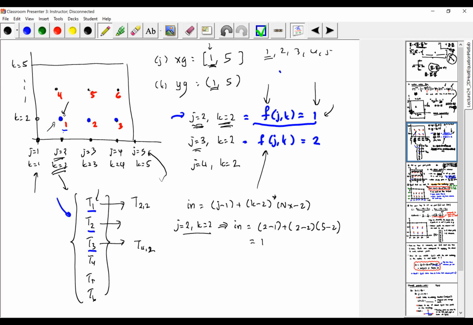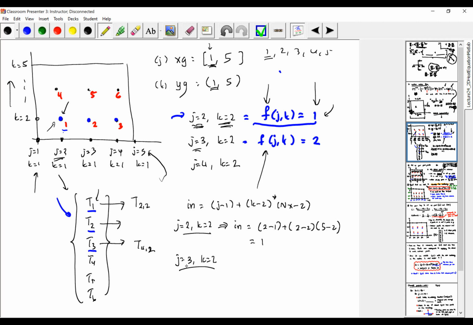What happens if j is equal to 3 and k is equal to 2? Sorry, all this is k1, so k2, 3, 4, 5 is here. This is still all k1 for the first point.